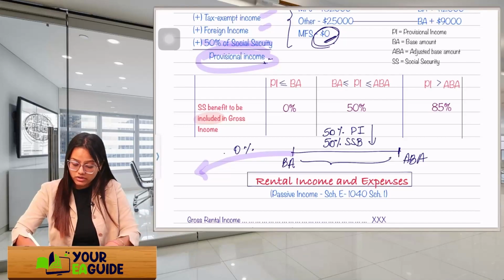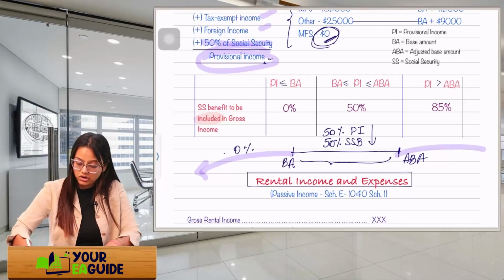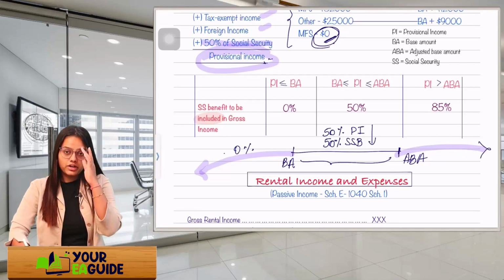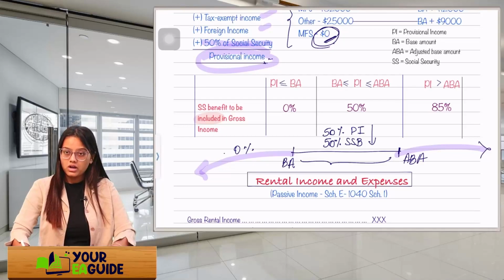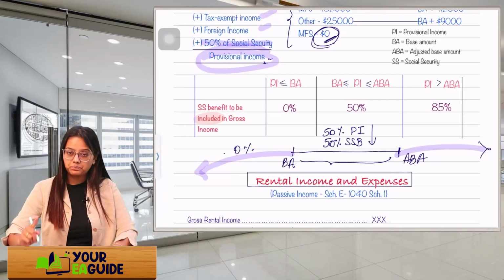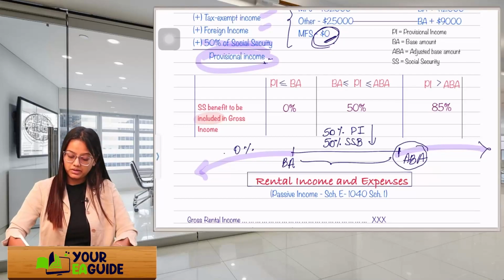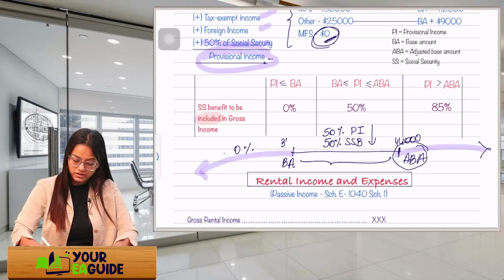Okay, as soon as your provisional income goes above this limit, what you have to do is straight away take your provisional income minus your adjusted base amount limit, that is 44,000. Let's say here it is 44,000, here it is 34,000.